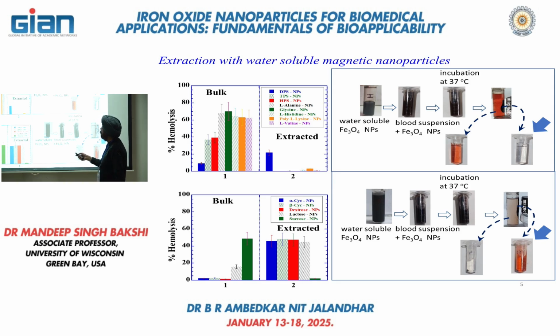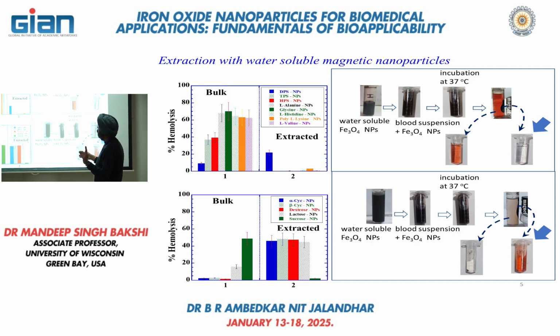The breaking was up to 80%, more than 70% for the nanoparticles stabilized with glycine and alanine, and close to 60% for histidine, lysine and valine. Which is the least one? The least one are the zwitterionic surfactants.